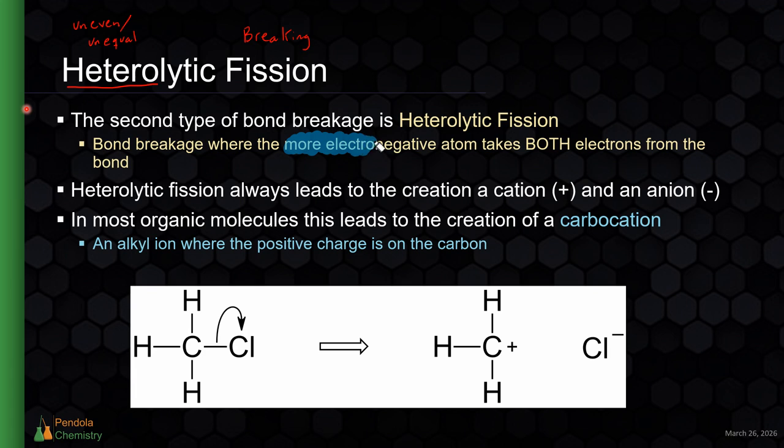During heterolytic fission, the more electronegative atom takes both electrons from the bond. So this is an uneven breakage because one of the atoms, the more electronegative one, is going to take both of the electrons.